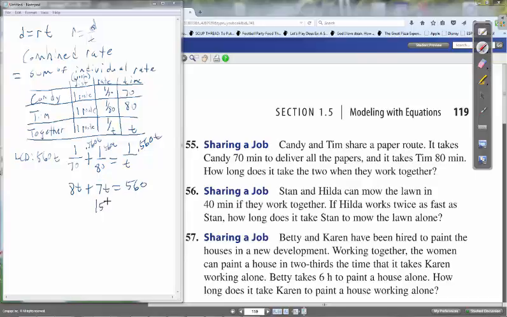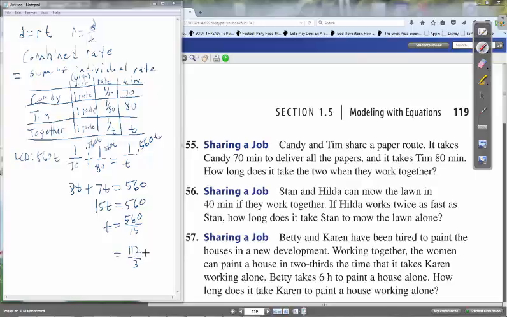So I get 15T equals 560. T equals 560 over 15. Well, I can at least reduce the 5's out of that. 5 into 560 would be 112 over 3. And 3 won't go in evenly into that.